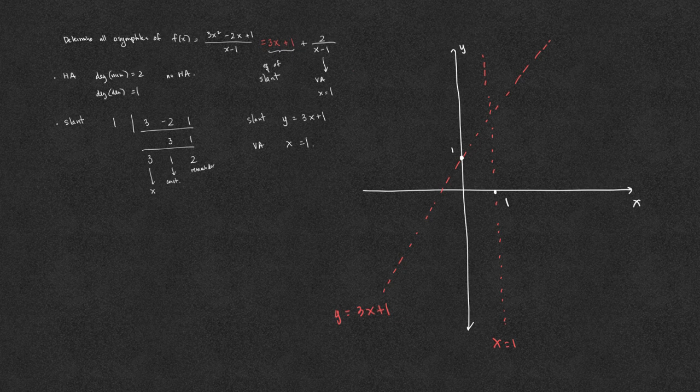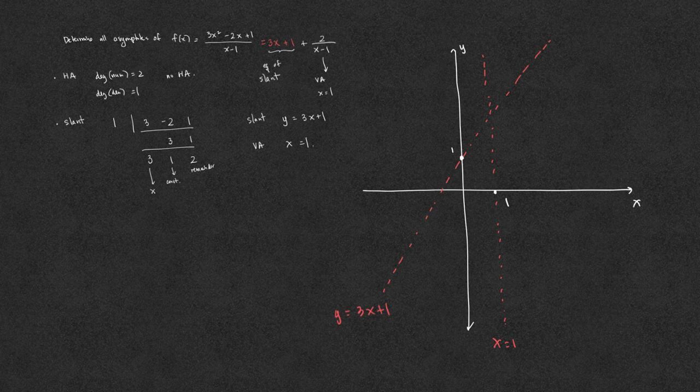As x goes to infinity or negative infinity, the graph will stay close to this slant asymptote. And so we can say that the graph would look like the function 2 over x, the reciprocal function, but not quite at infinity and negative infinity in this case.